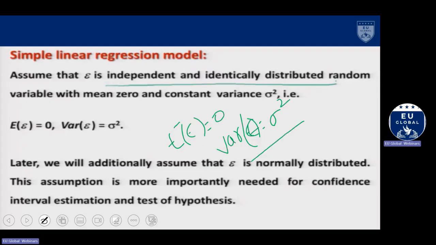The variance of epsilon is equal to sigma square. Later, we will additionally assume that epsilon is normally distributed. This assumption is needed mainly for confidence interval estimation and tests of hypothesis.